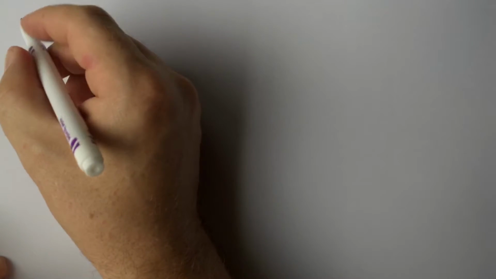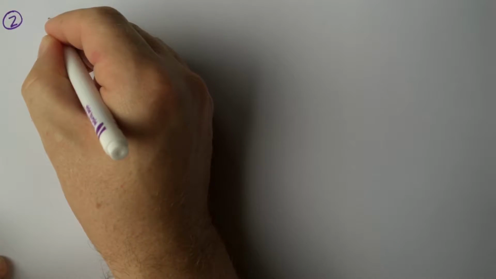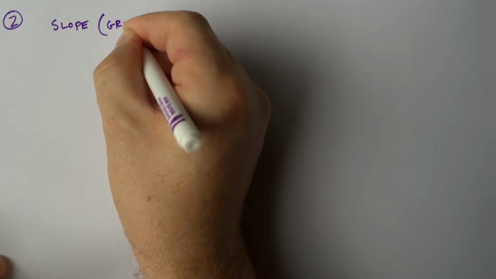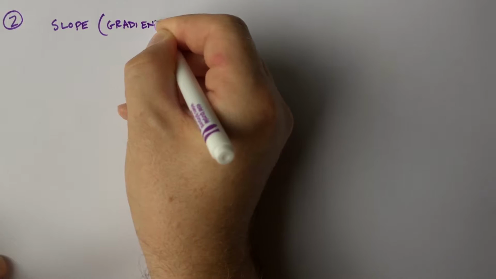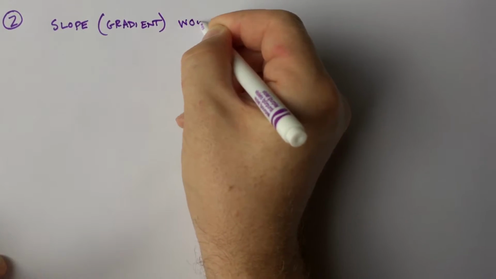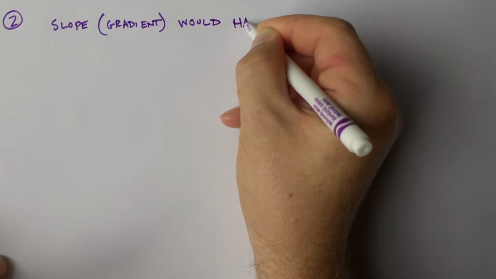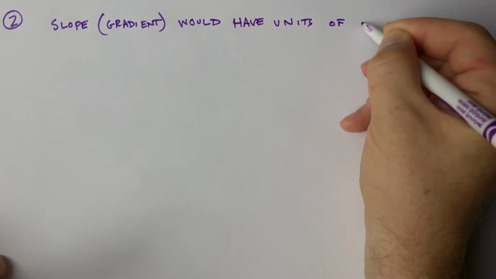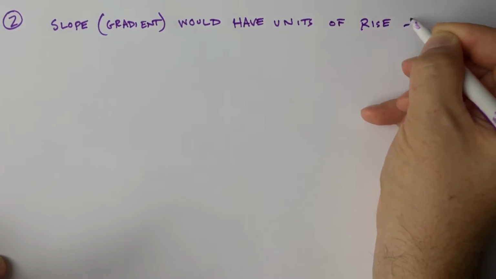So let's take a look at that. For number 2, slope, which we call the gradient, would have units of rise divided by run.